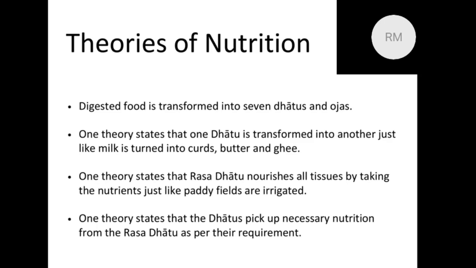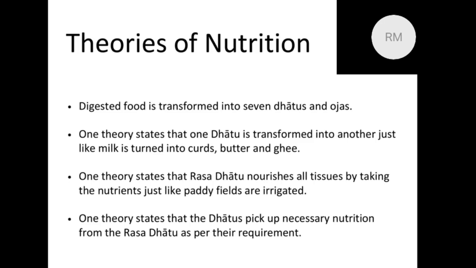Although in normal circumstances this may not happen, in very special circumstances it can. So this theory is at the root of the Ayurvedic idea of Rasayana treatment, which means the possibility of even regeneration of lost tissue.